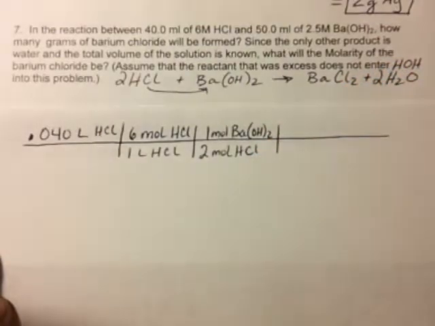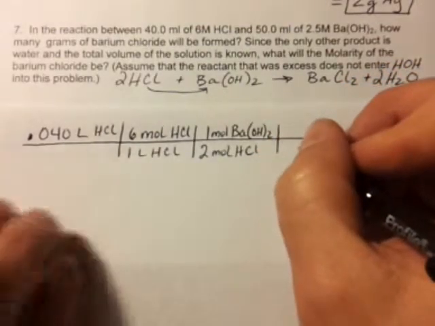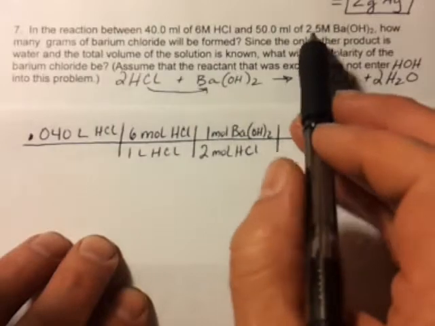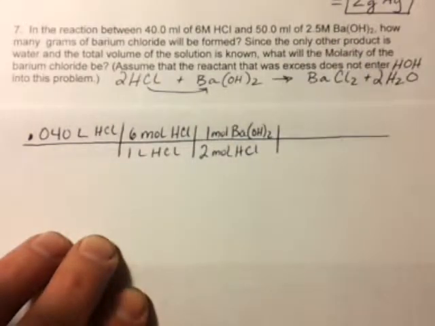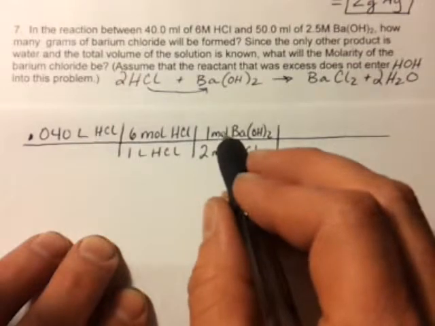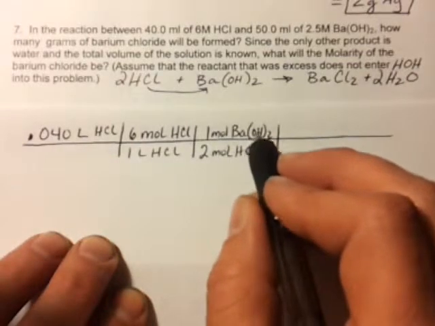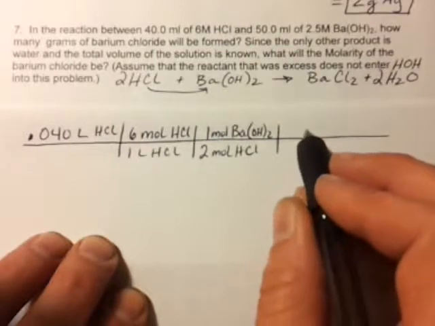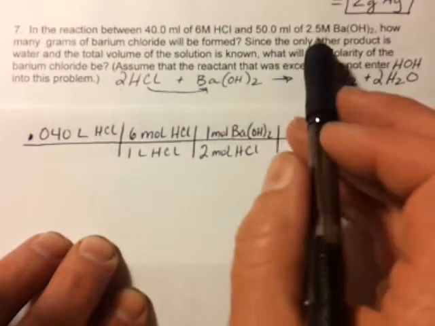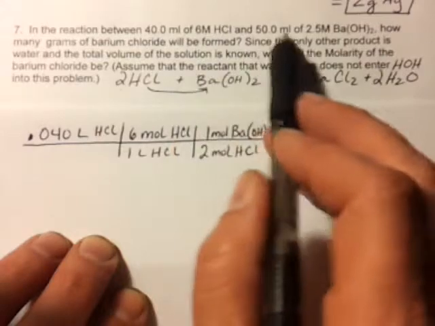Okay? Then, again, using the information from the problem, I have 2.5 molar barium hydroxide. I'm going to go from moles of barium hydroxide down to liters, because I don't have grams in the problem. There's no grams here. It's all milliliters.